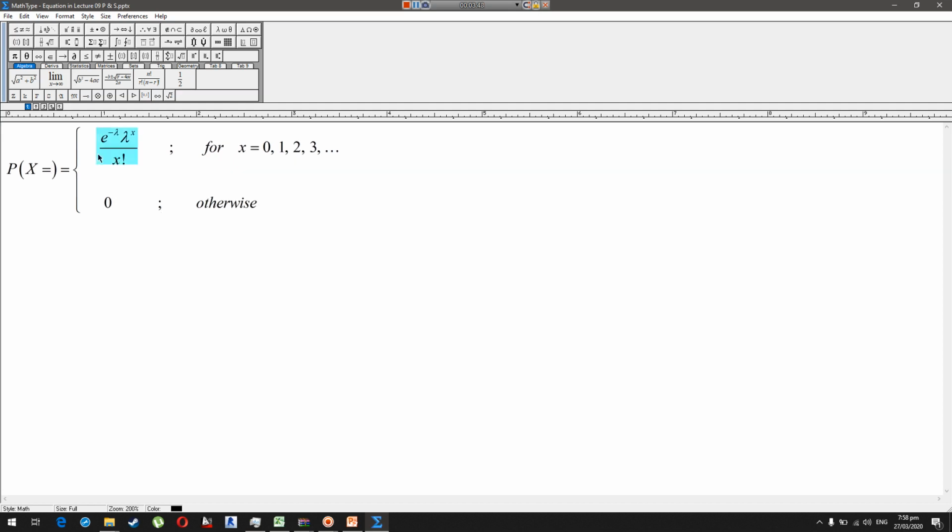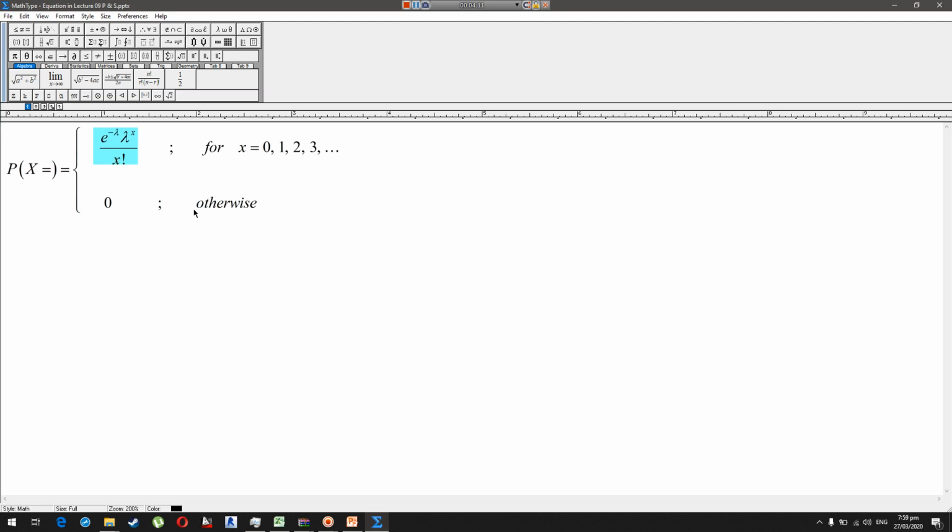This is the equation for the Poisson distribution: e, which is 2.718, raised to the power minus lambda, where lambda is the parameter, multiplied by lambda to the power x, where x is the random variable, 0, 1, 2, 3, and then in the denominator, x factorial.